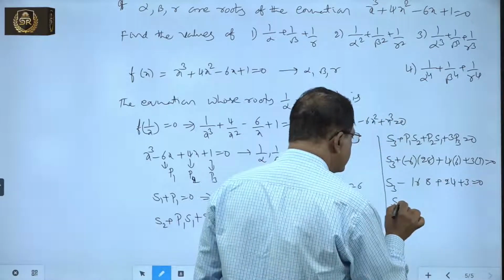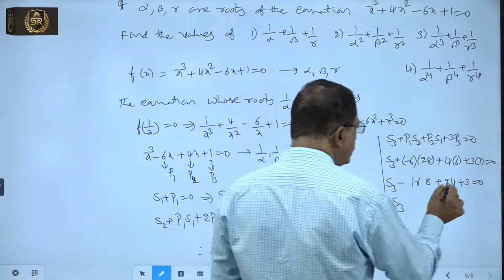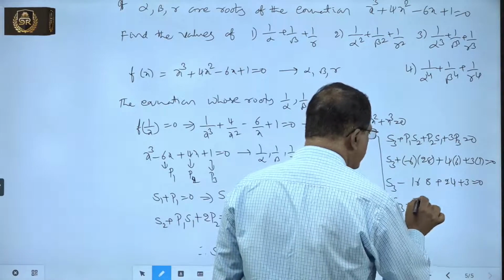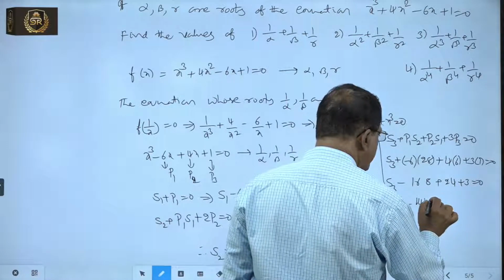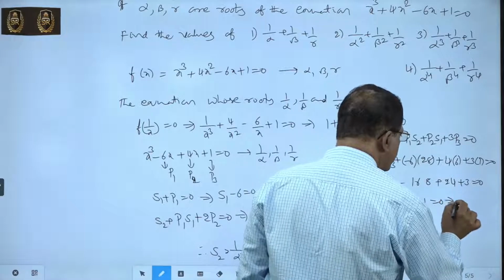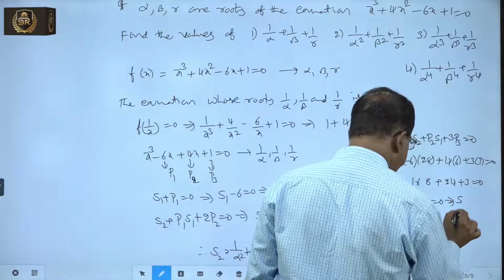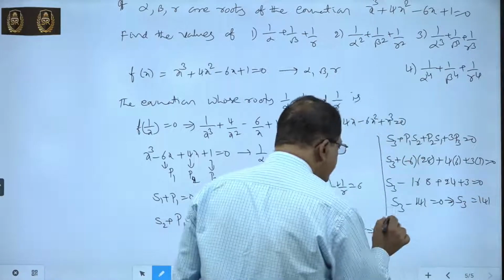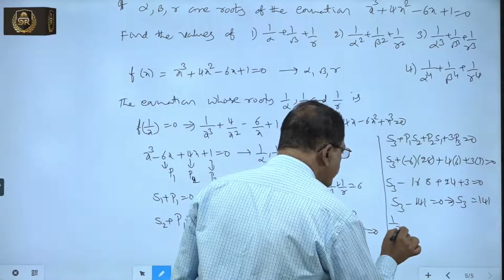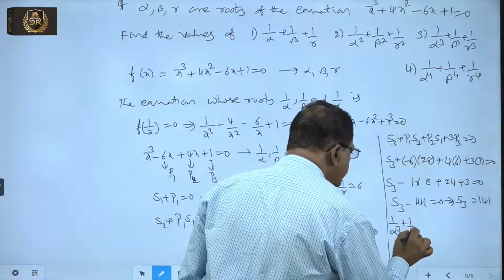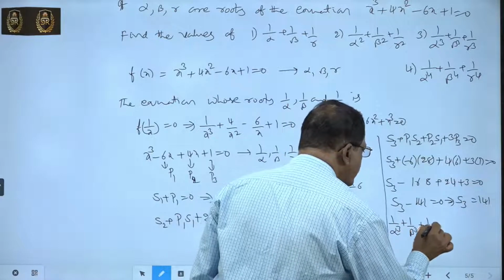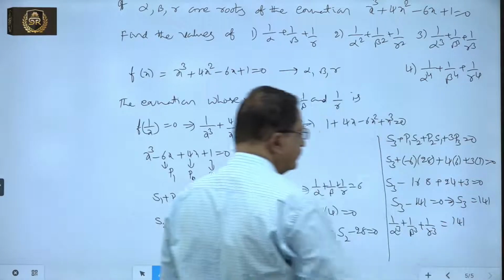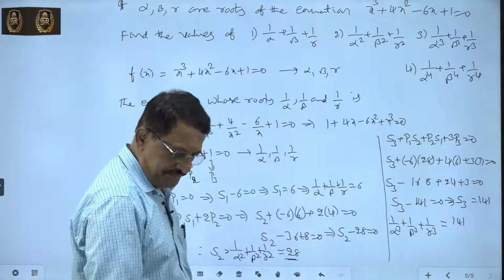Now S3 equals 141. S3 is nothing but 1 by alpha cube plus 1 by beta cube plus 1 by gamma cube equals 141.